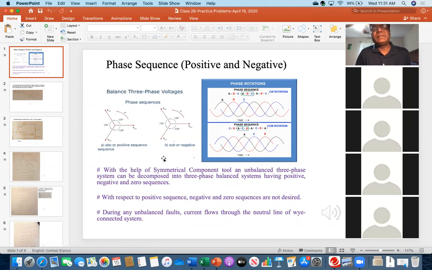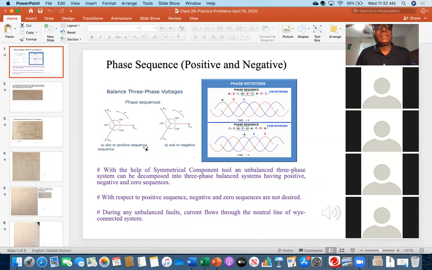Now, there are some other countries that might use ACB. That's why I have written here ACB or negative sequence. So ACB sequence means this is the reference VAN, phase angle 0. Then after 120 degrees, C phase.